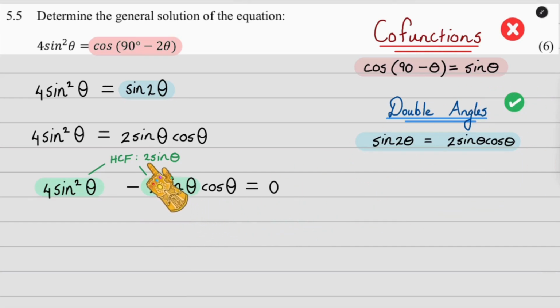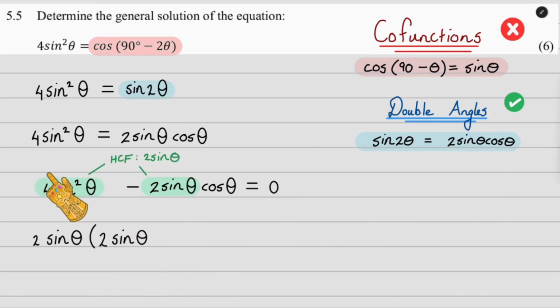And now we're going to remove the 2 sine theta as a common factor. So I start off by writing the 2 sine theta and I open a bracket. 4 divided by 2 will leave me with another 2 here. Another good way to think about it is 2 times 2 will give me 4. I removed one of the sines here as discussed earlier, so there's 1 sine theta left over.